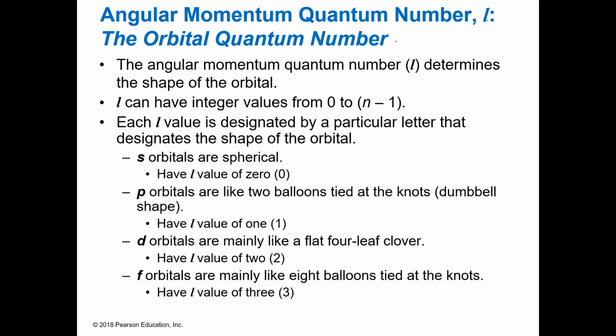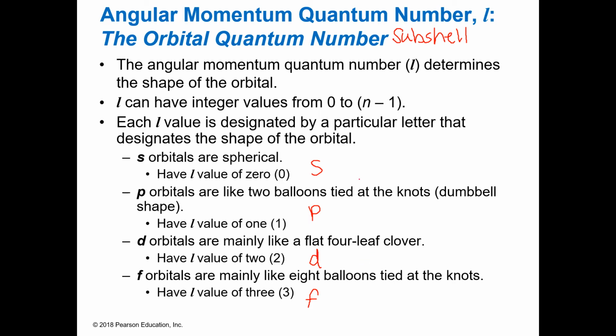All right, so L is going to be our subshell. Before I give you the why, I'm going to tell you the what. We are going to work with 4 different subshells. We're going to work with the S subshell, the P subshell, the D subshell, and the F subshell.